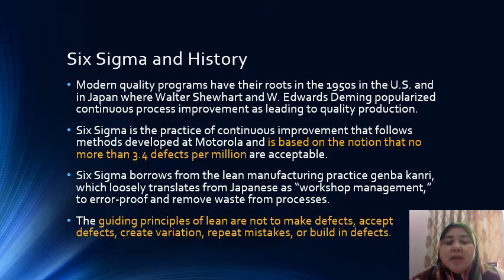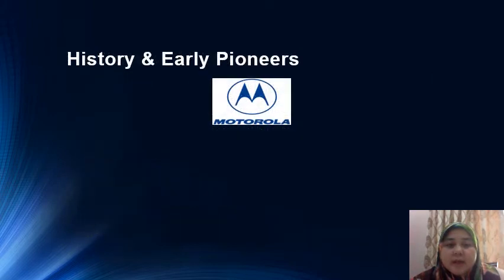So the guiding principles of lean practice ni, or we call it lean manufacturing ni, are not to make defects, accept defects, create variation, repeat mistakes, or build in defects. So it started in Motorola.